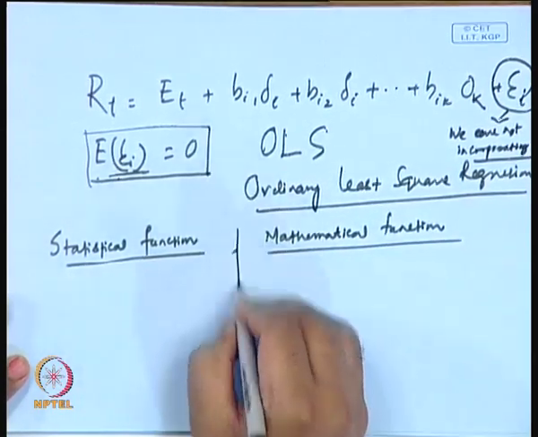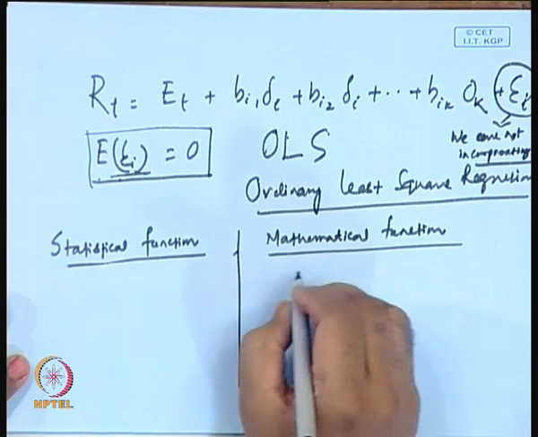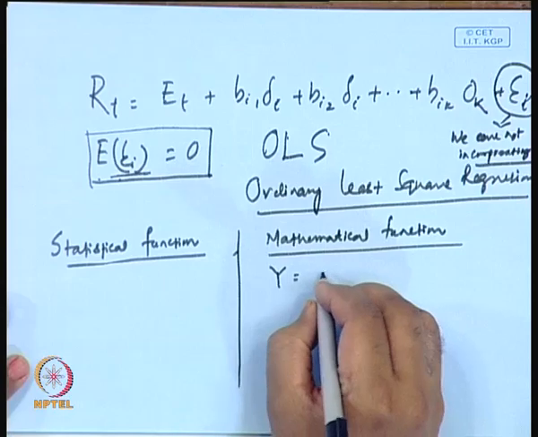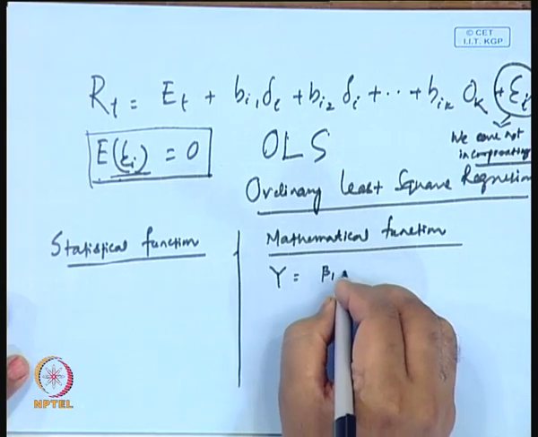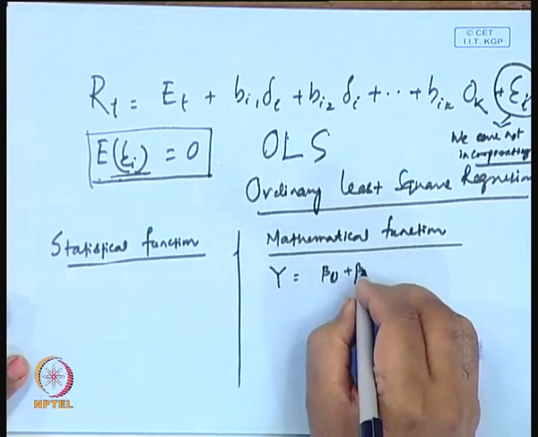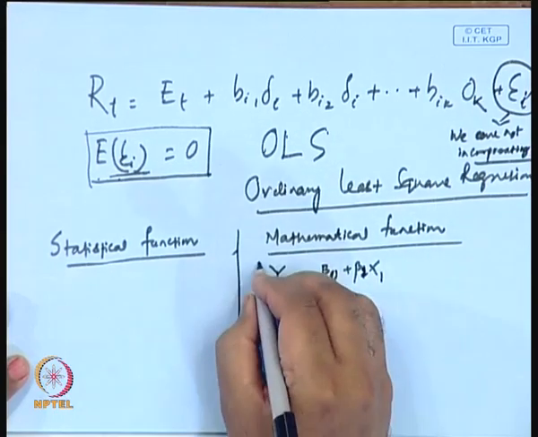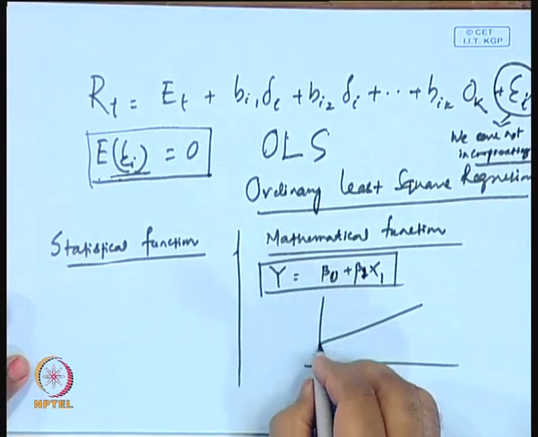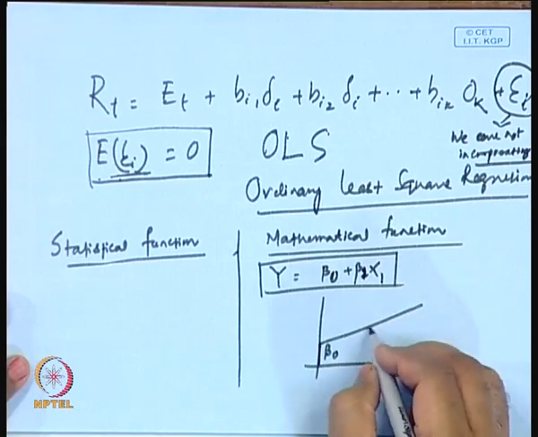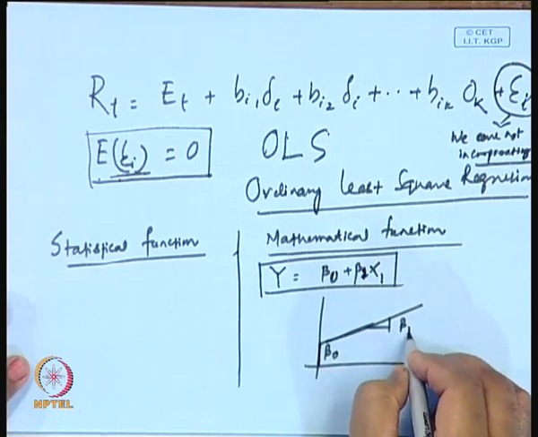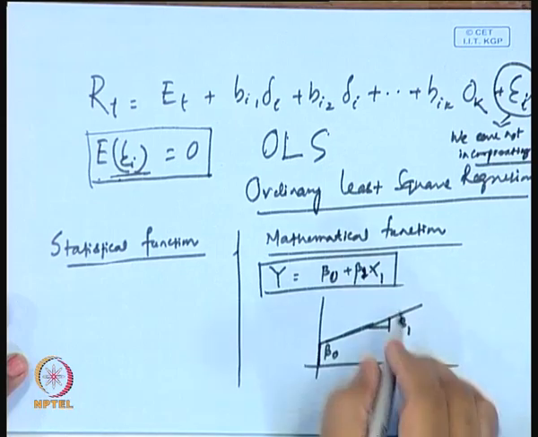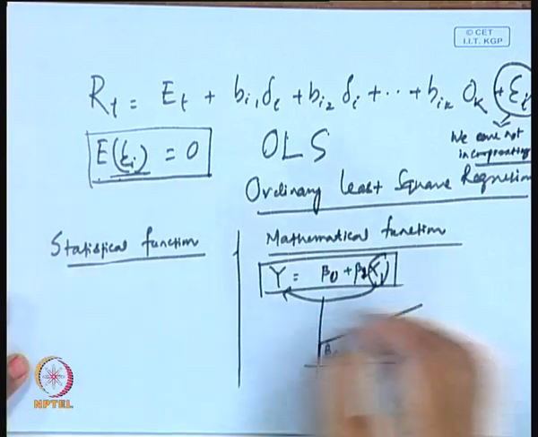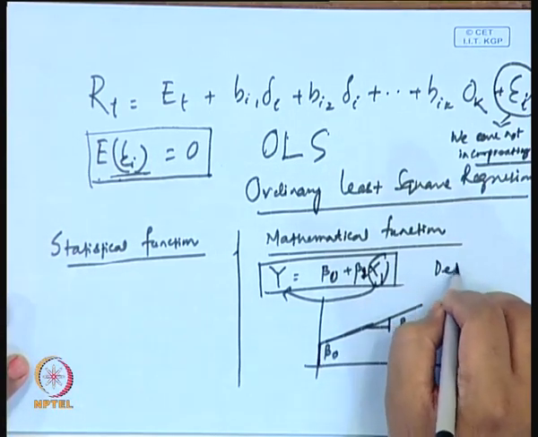Whenever you talk about a mathematical function, you can write y is equal to beta_0 plus beta_1 x_1. This is your mathematical function, and if you run this line, this is your beta_0, the slope is your beta_1, and x_1 is the variable which is affecting y. That is why this function is a deterministic function.